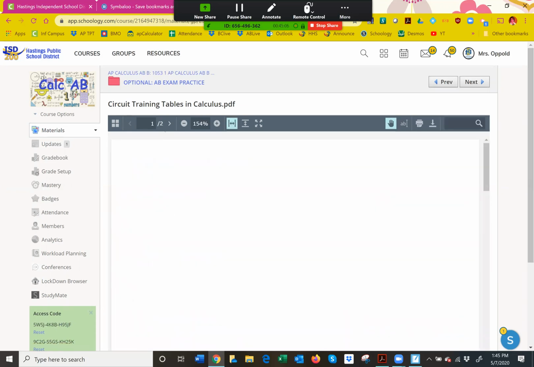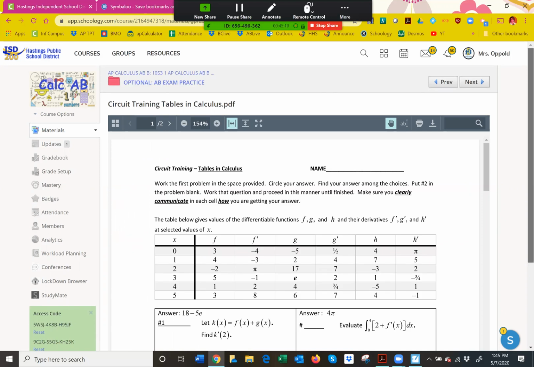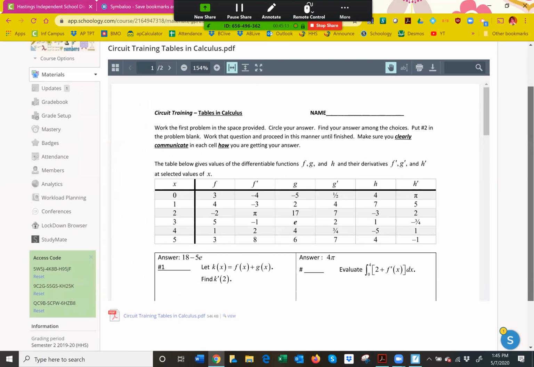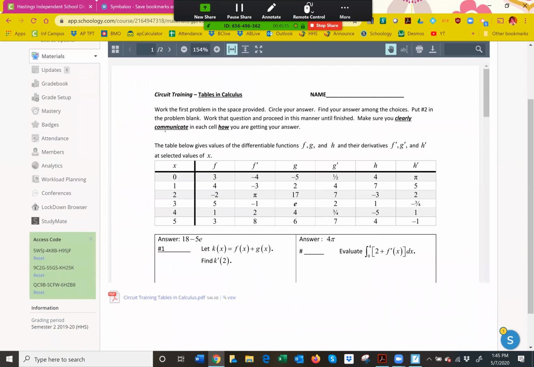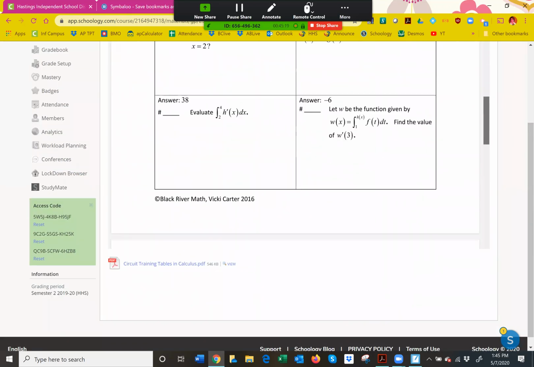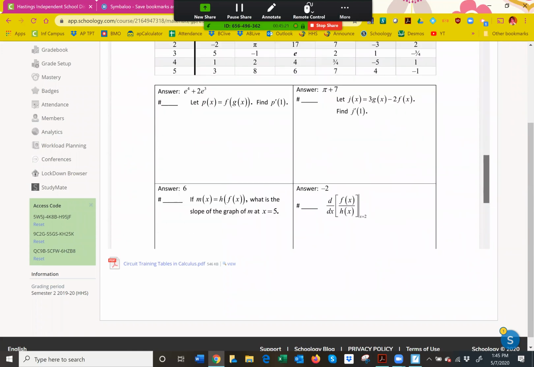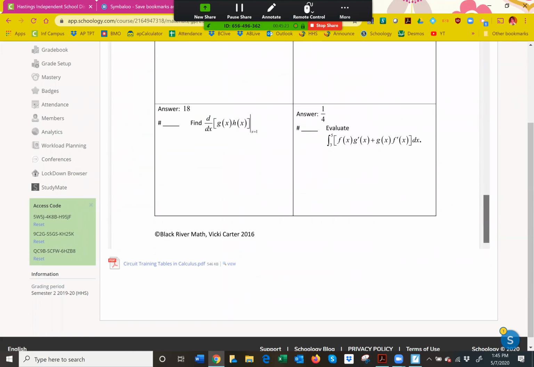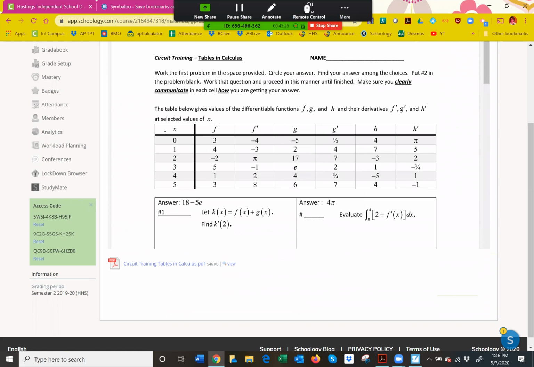I think there's 12 questions to it. Working from a table. Really, really good practice working from a table. And then you kind of know if you're getting it right or wrong. If you can't get one of their answers, then you've got issues, right? I would suggest doing that for a little bit of practice. I think that would be good.